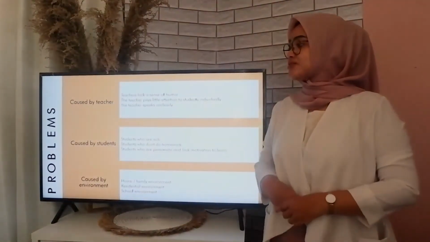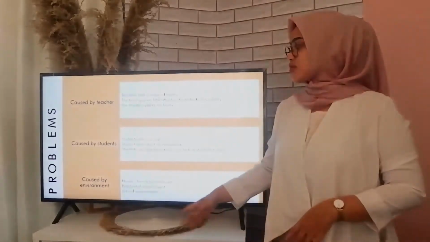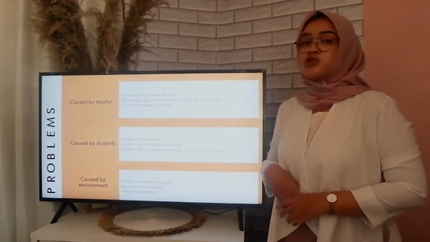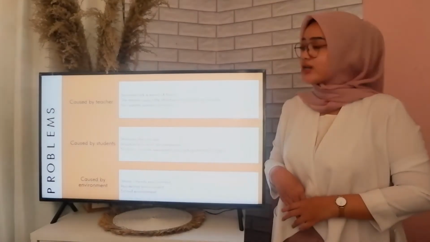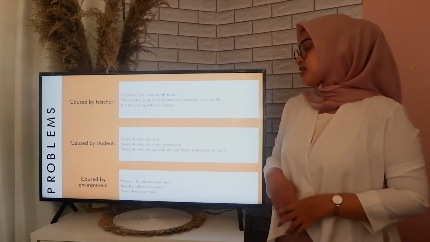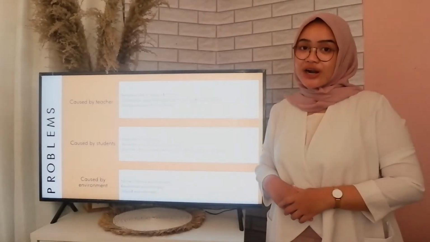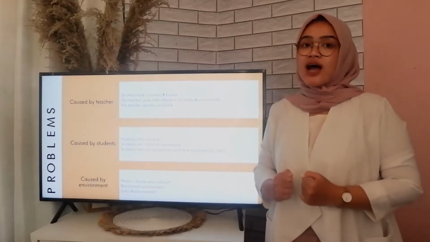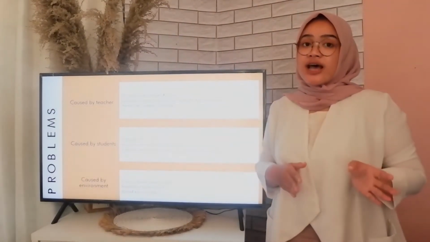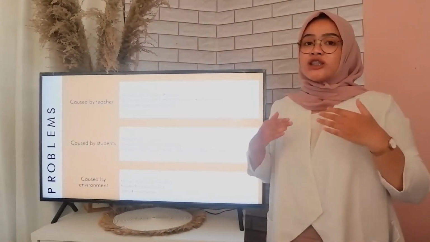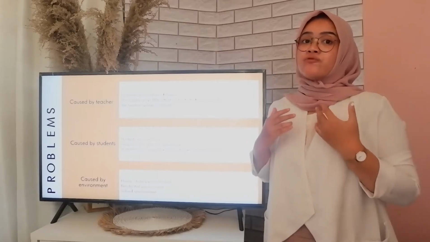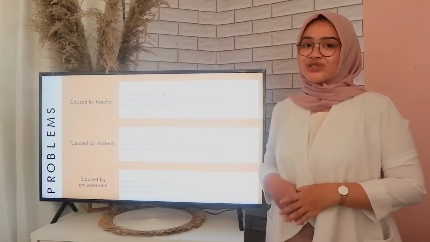Then the problems caused by students. The first one, students who are sick. Second, students who don't do homework. And the last, students who are pessimistic and lack motivation to learn. So we need to build up their motivation to learn, such as making our classroom more comfortable for them to study.